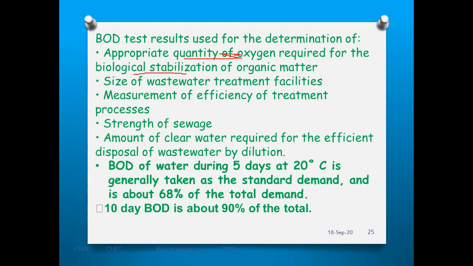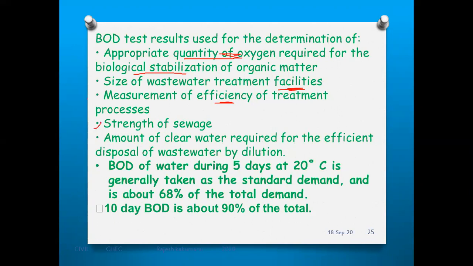Then what do we do? Through the biochemical test, it is also used for determination of the size of wastewater treatment facilities. Next, the measurement of efficiency of treatment process. It is also used to measure the efficiency of the treatment processes. Next, the strength of sewage.